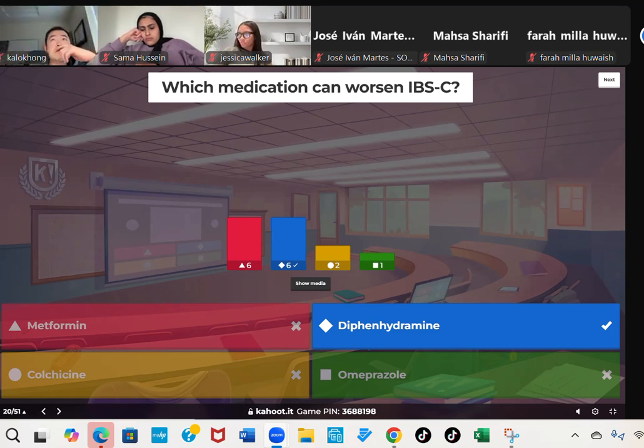Diphenhydramine. What type of drug is diphenhydramine? Antihistamine. So it does have anticholinergic side effects, but what's its mechanism of action? Histamine H1 antagonist.